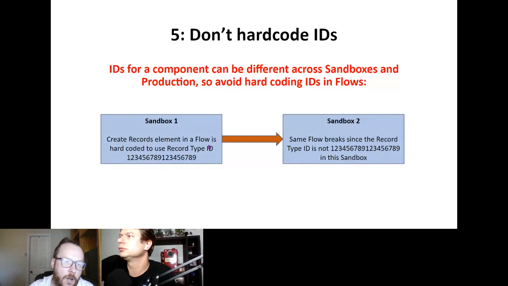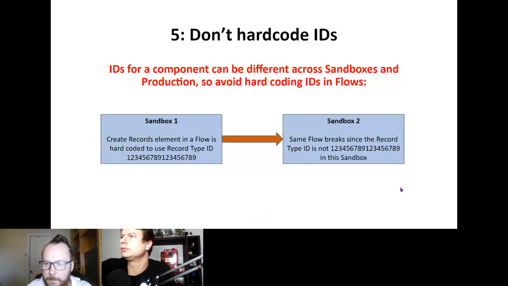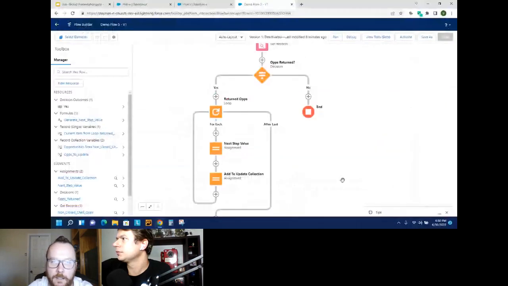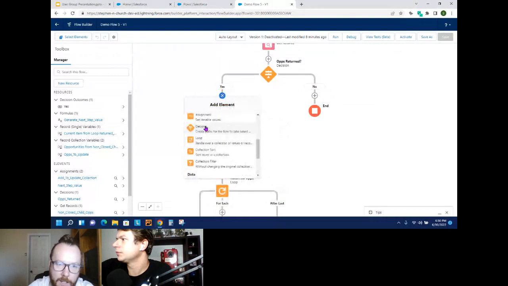If you look at this example, let's say you have a create records in one sandbox, and then you move that flow to another sandbox where you've hard coded the ID. That same flow is going to break since the record type ID is not the same in that sandbox. So the problem you have with flow, and I'll jump in quickly here because I think it helps to see, I'm just going to add a random element here to illustrate the point.